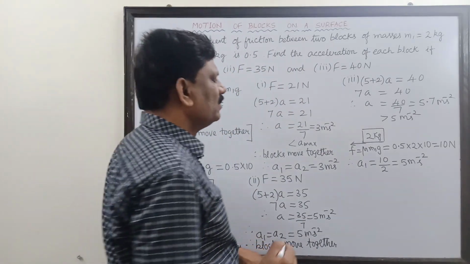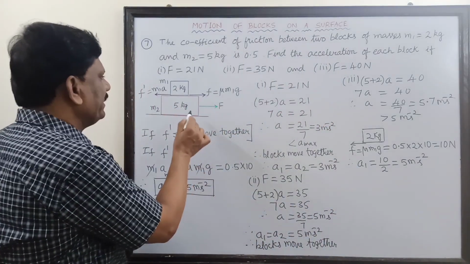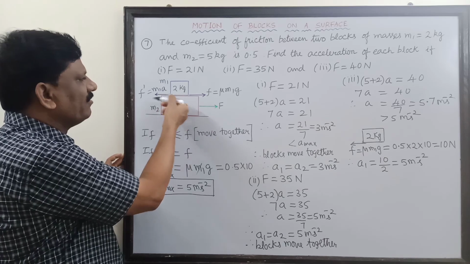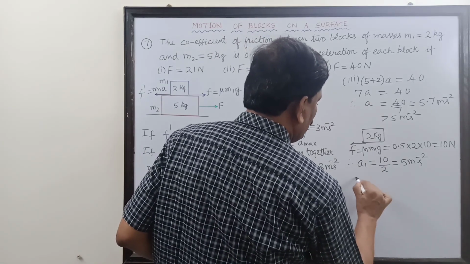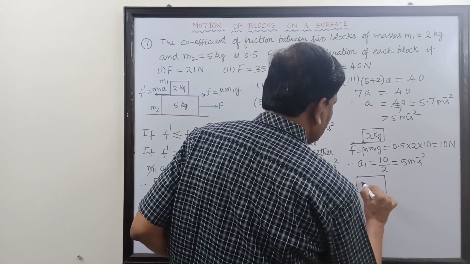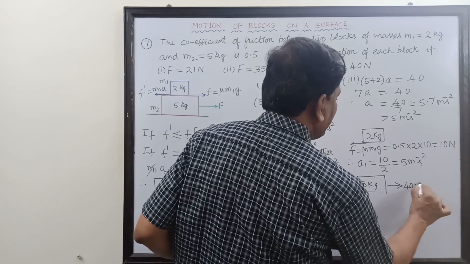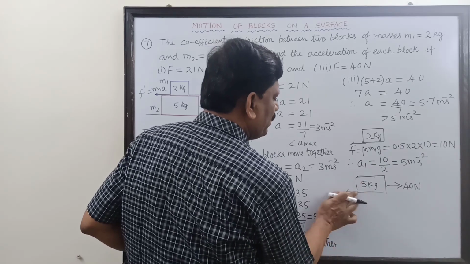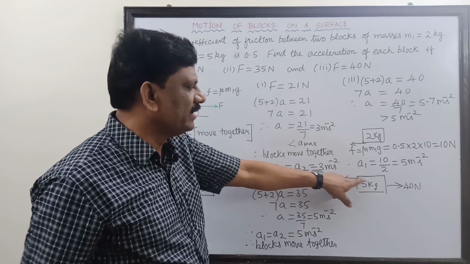Understand? Now, what is that for the second block? For the second block, you can see here, this is the second block. Actual driving force is F and the opposing force is this frictional force. So the second block, this is the 5 kg block. Here 40 Newton is acting forward, and this 10 Newton is acting backward, between the two surfaces.